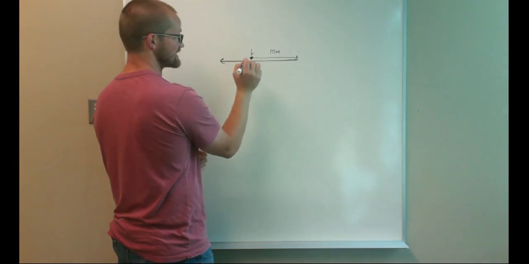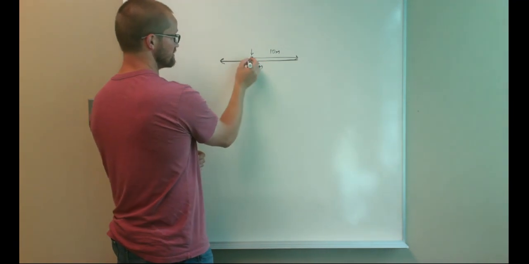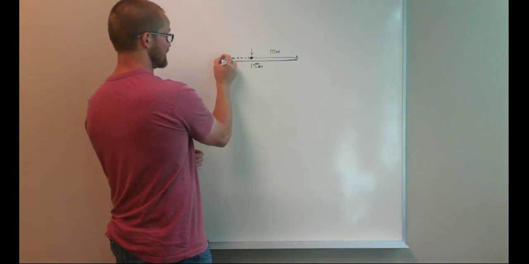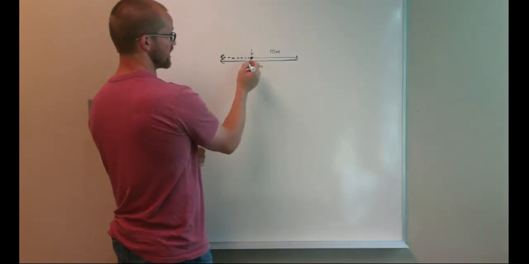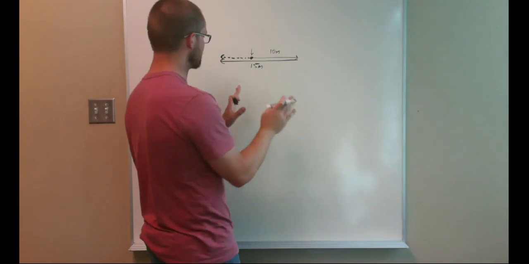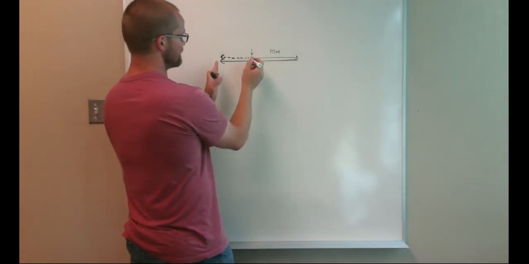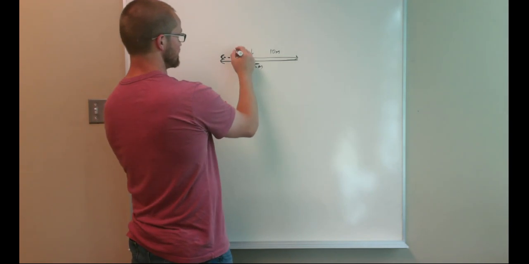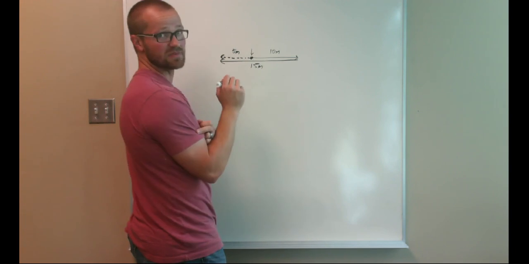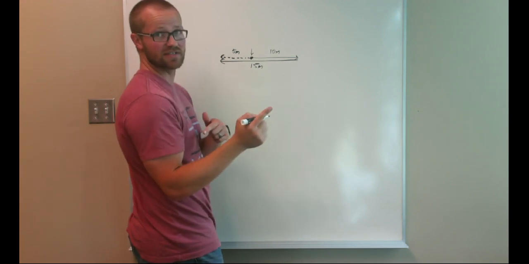My displacement is going to be this distance from there to there. If we're talking about left and right being our vector quantity, this would be 5 meters. So my displacement is 5 meters. So you get a different answer for distance and displacement.